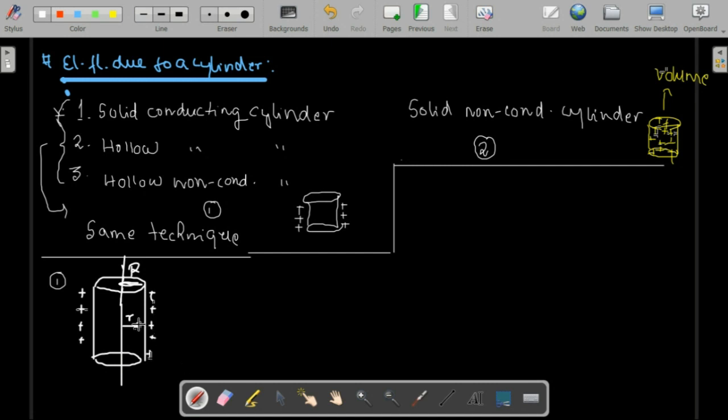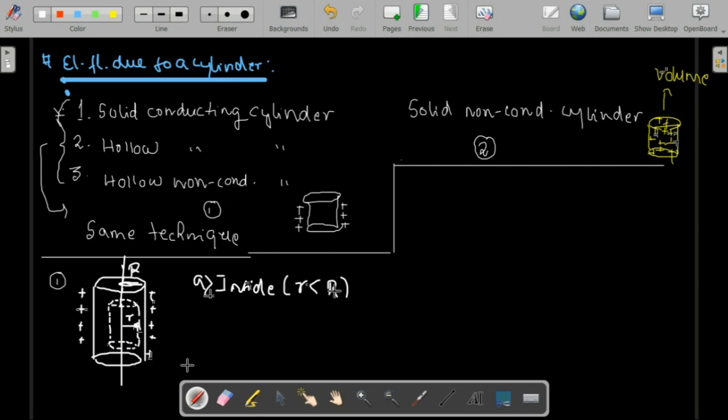We draw a Gaussian surface like this, which is symmetrically distributed, to find the electric field inside the cylinder. Inside means small r is less than capital R. That's the idea behind inside.